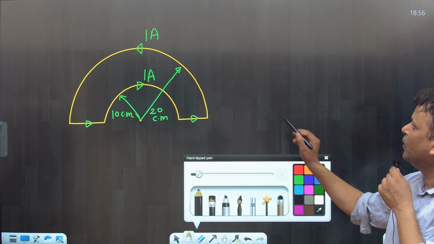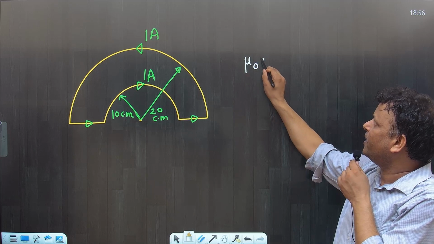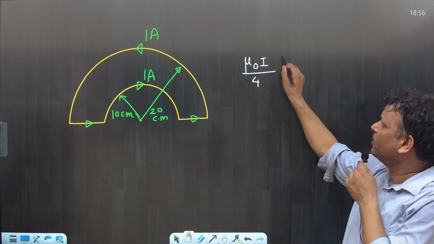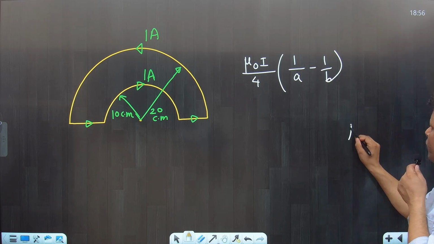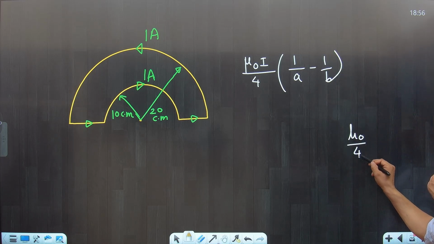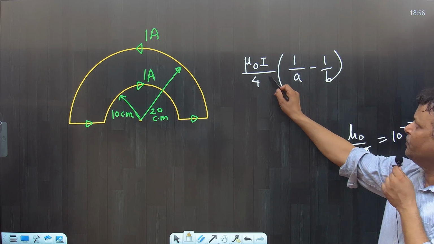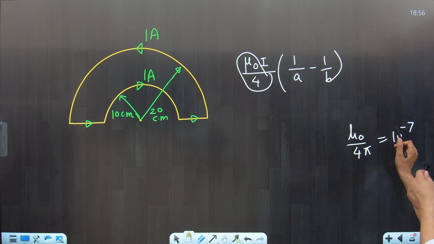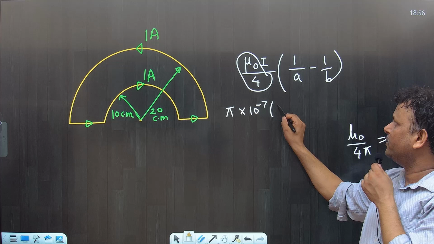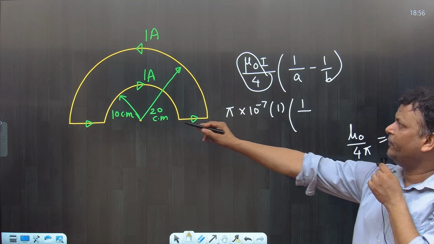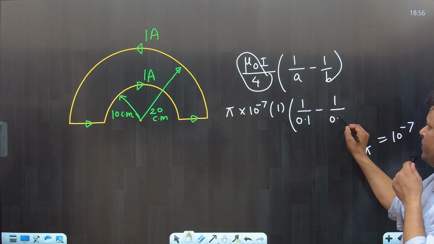So obviously it is the first case, you will write mu naught I by 4, 1 by A minus 1 by B. As you know, value of mu naught by 4 pi is 10 to the power minus 7. So I will write here mu naught by 4 is pi into 10 to the power minus 7, and I is 1 ampere, and 1 by A is how much? 10 centimeter means 0.1 meter, minus 0.2 meter.